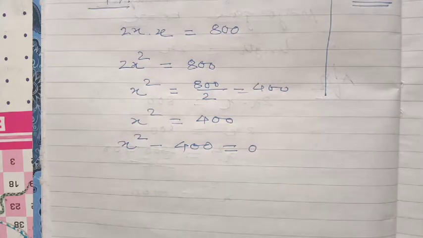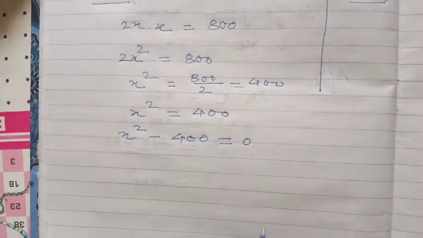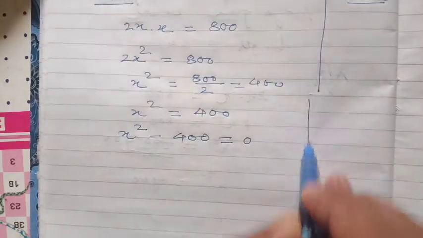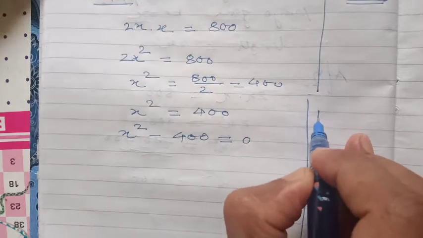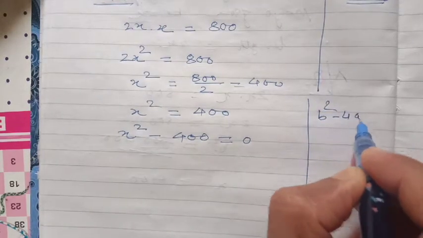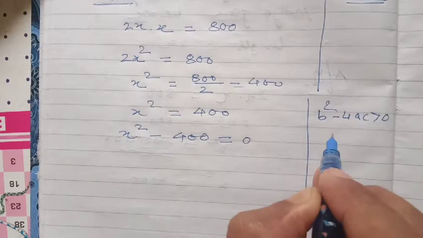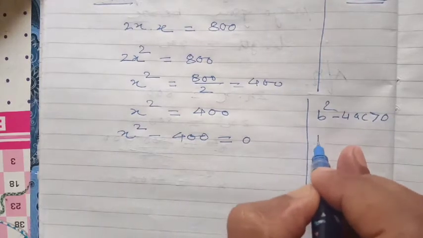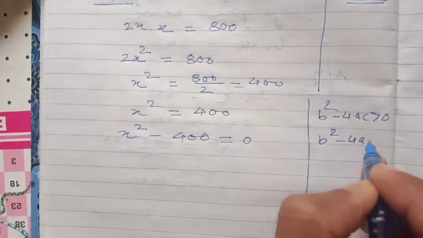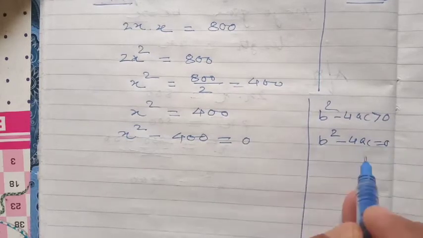If roots exist, the given situation will be possible. But in which situation do roots exist, do you know? If b square minus 4ac is greater than 0, two real roots exist. Second, if b square minus 4ac is equal to 0, two equal roots exist.